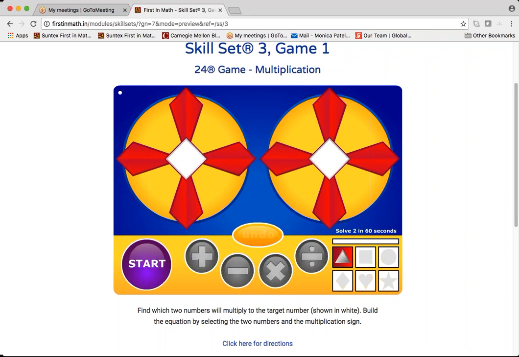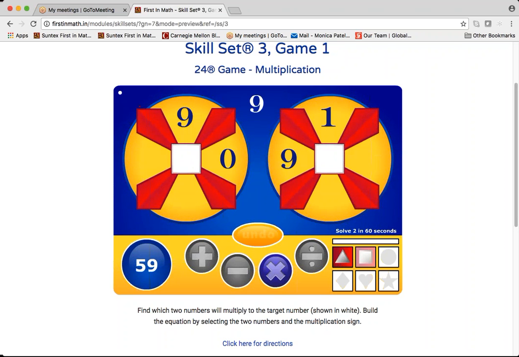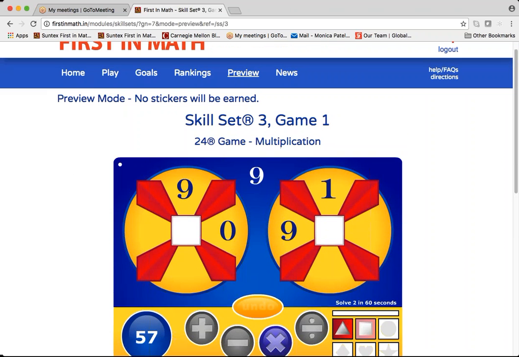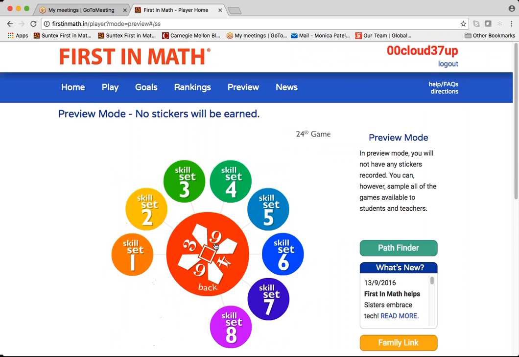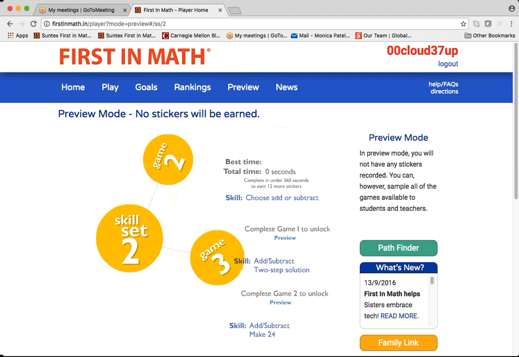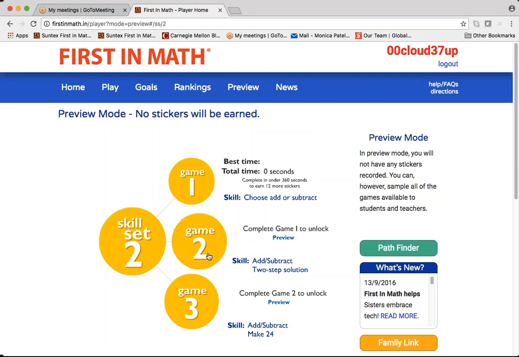And if they are not fluent, then these students can drop down to the previous skill level, which would be skill set 2. And they can practice addition and subtraction before they attempt multiplication.